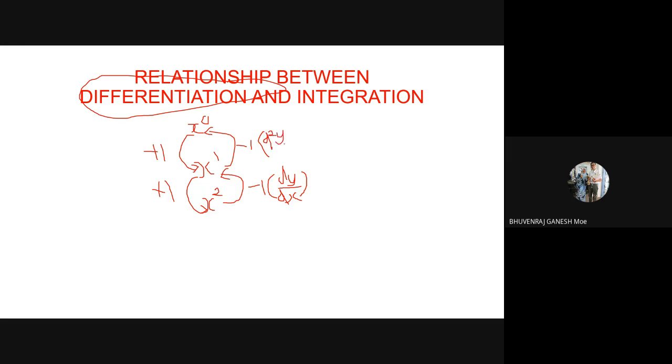Itu salah. Not dy over dx power 2. Yang ni yang betul, yang kamu tulis. Kadang-kadang orang akan letak macam ni for second derivative, which is wrong lah. Okay, sekarang saya nak tanya, adakah d3y bahagi dx3 tu wujud tak, guys?